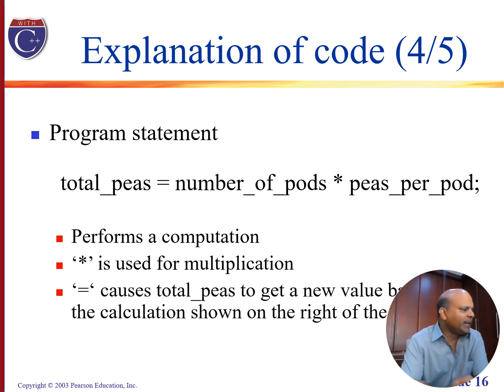The equal to sign causes the total P's to get a value. Now, when we talk about variables, we're talking about allocating a value to a variable. It's not the maths that we are interested in. When I talk about sum is equal to sum plus mark, that's a memory allocation.